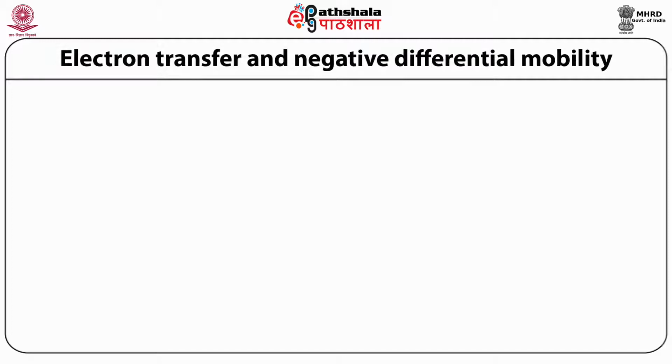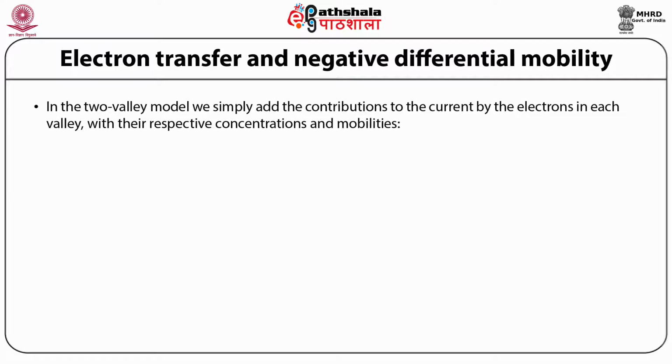Now let us study the two-valley model in a more detailed way. In the two-valley model, we simply add the contributions to the current by the electrons in each valley with their respective concentrations and mobilities. That is, J vector is equal to e multiplied by (N1 mu1 plus N2 mu2) multiplied by the E vector.